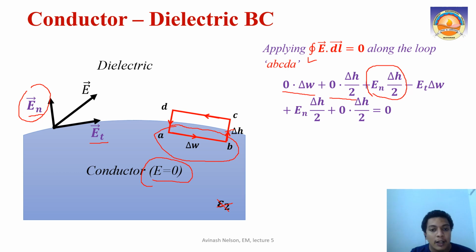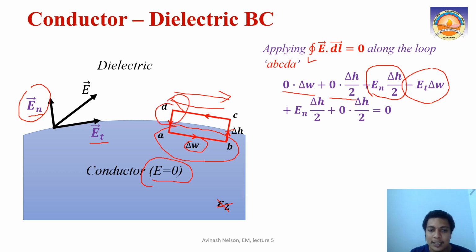Now the CD part, where delta W is the width. Here the tangential component is in one direction and CD is in the opposite direction. That is why we have a negative sign: minus ET into delta W. Then En into delta S by 2 comes again, because this is in the dielectric, not in the conductor.